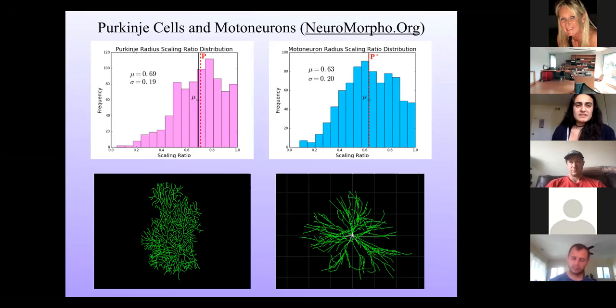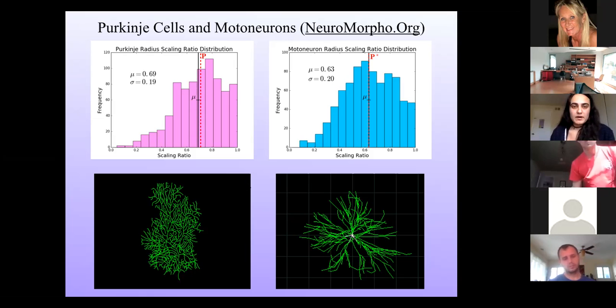So here we find that the Purkinje radius scaling ratio mean is closest to the predictions for power minimization with fixed volume, and the mean for motoneurons is closest to the function for power minimization with fixed time delay. And this suggests that time plays a greater role in constraining the function of motoneurons.